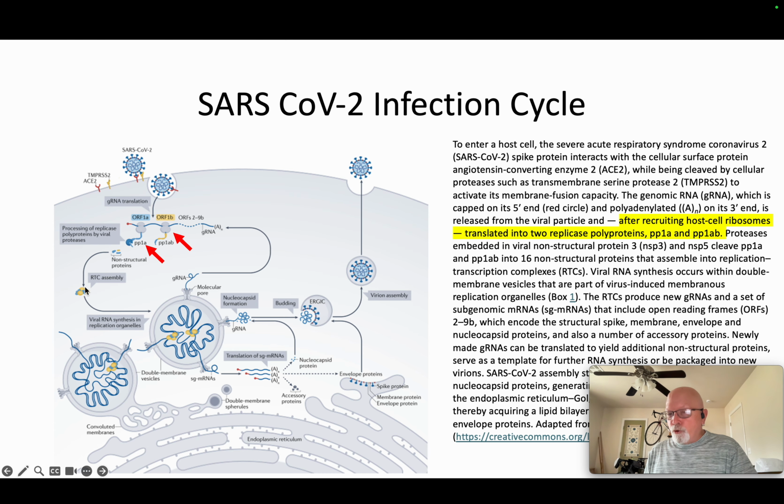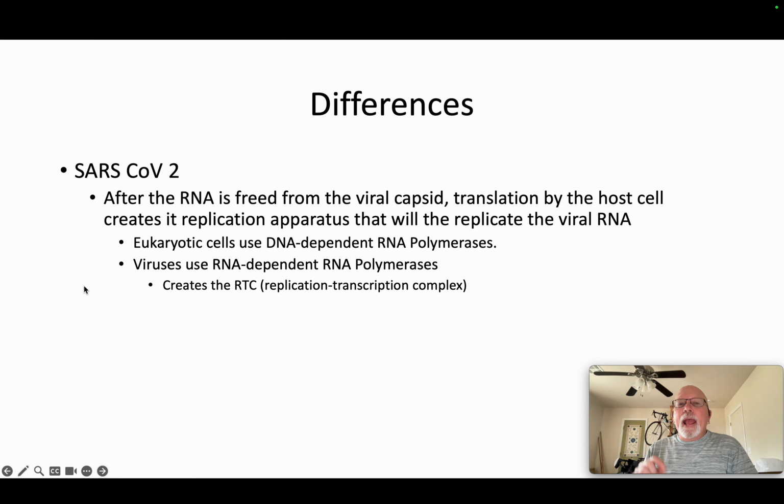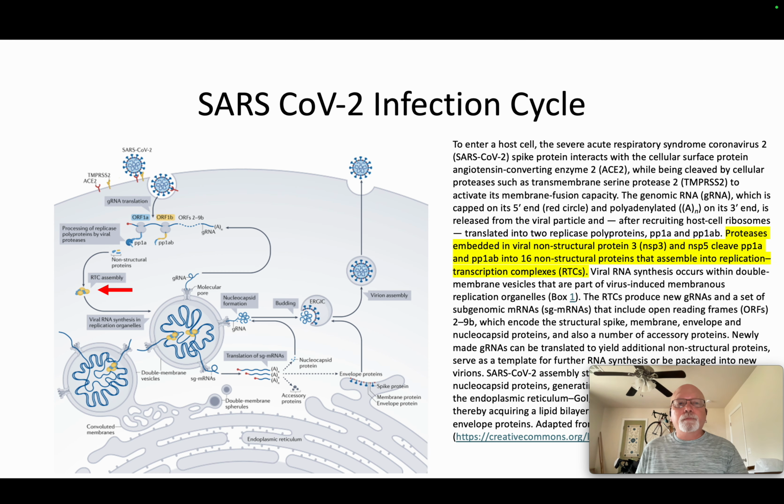That replication transcription complex actually allows the replication of new viral RNA from RNA. And so it's an RNA-dependent RNA polymerase rather than a DNA-dependent RNA polymerase. So it's a different type of polymerase than the type of polymerase that your cells contain.